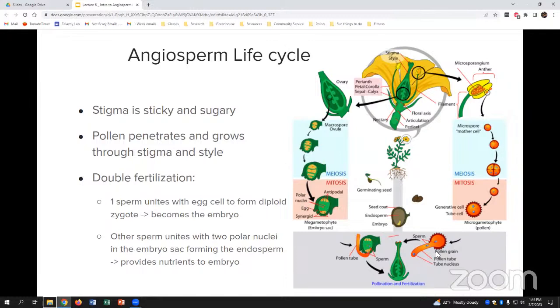So the other sperm is going to unite with the two polar nuclei. And those polar nuclei are going to join together with that sperm to form something called the endosperm, which is going to provide nutrients to this growing embryo as we fertilize the egg. I'm going to look at all of this again as we look at the fruit.